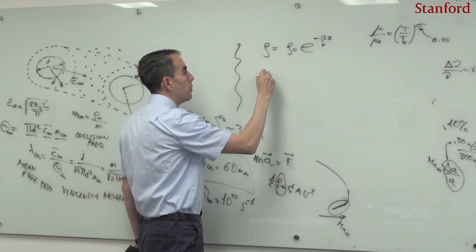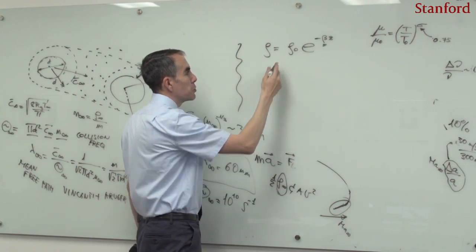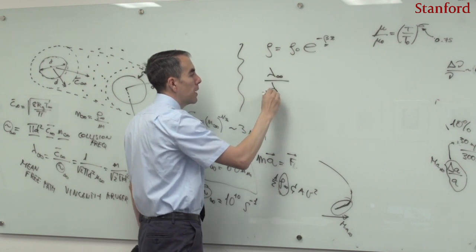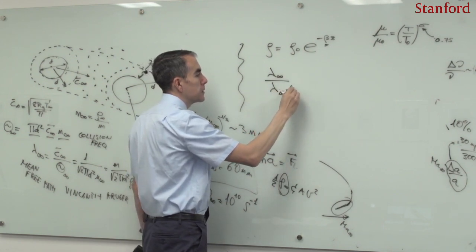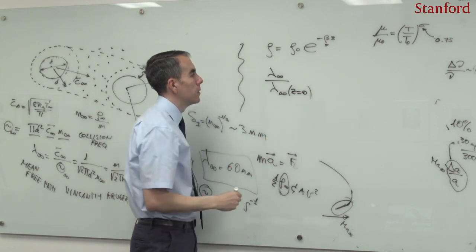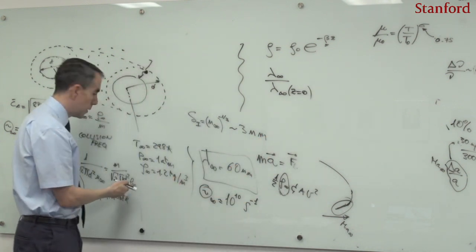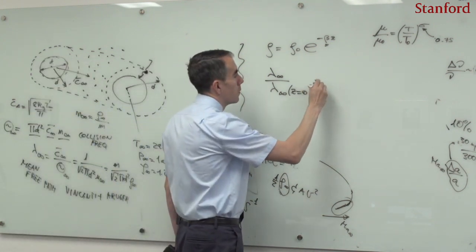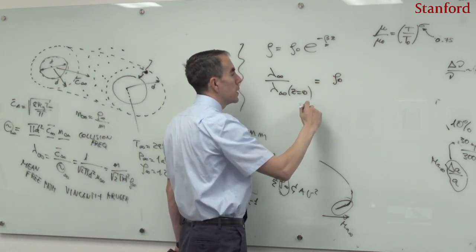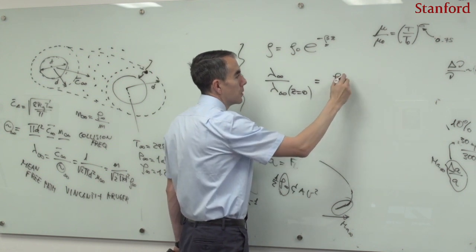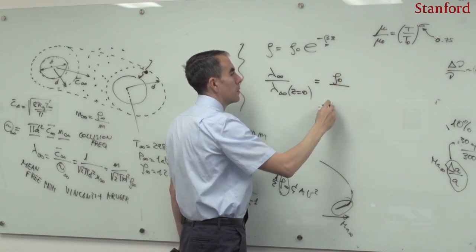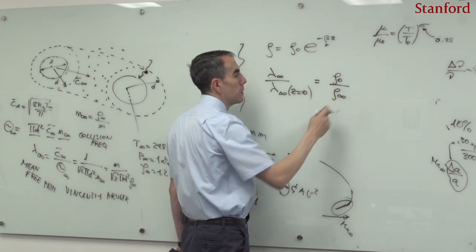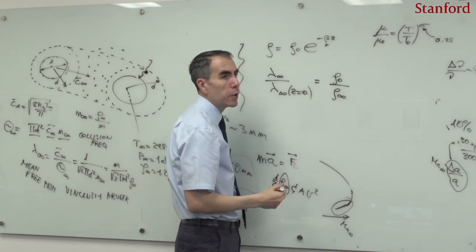So then lambda, right, which is inversely proportional to the density, I know that lambda infinity at some altitude over lambda infinity at z equals 0. This obviously, because of this definition of the mean free path, is going to go like the density at sea level, right, divided by the density at whatever altitude I'm looking at.